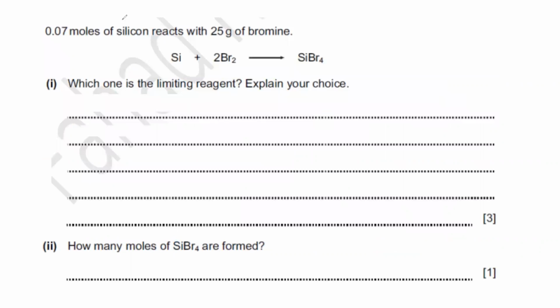For example, in a question: 0.07 moles of silicon reacted with 25 grams of bromine. Which one is the limiting reagent? Explain your choice. So how do we work out a limiting or excess reagent? We will always compare their moles.